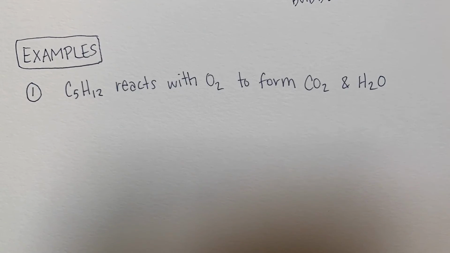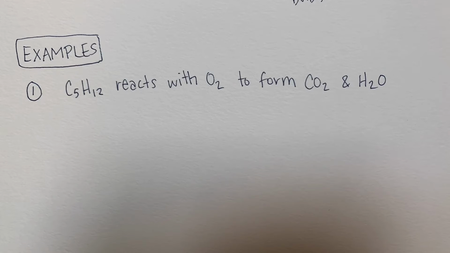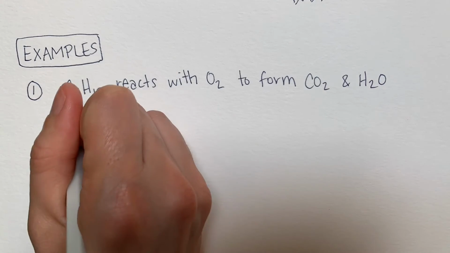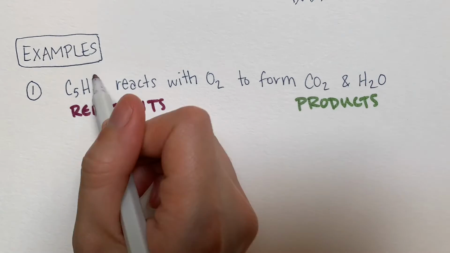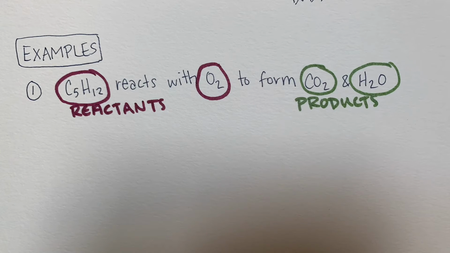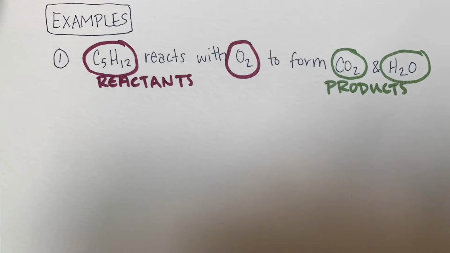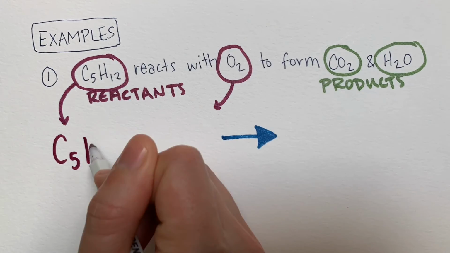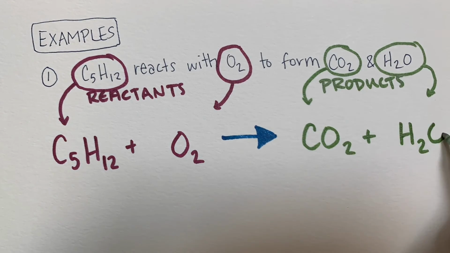All right, let's look at some examples. What are the reactants in question number 1? Because C5H12 and O2 are the things that are reacting, that makes them the reactants. CO2 and H2O are formed in the reaction, that makes them the products. Now, is this equation balanced? Let's find out.